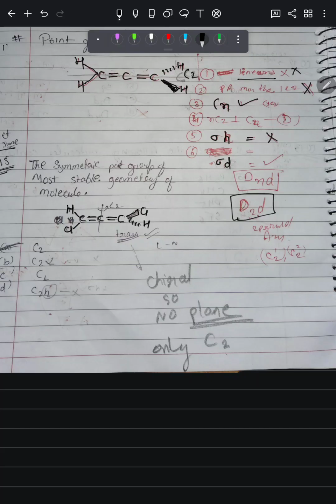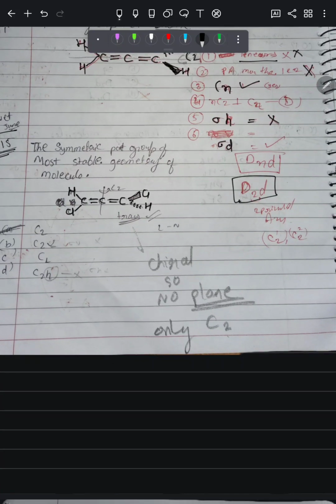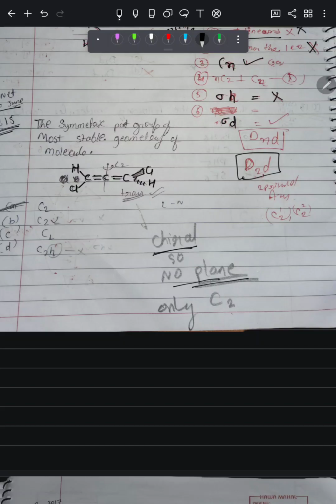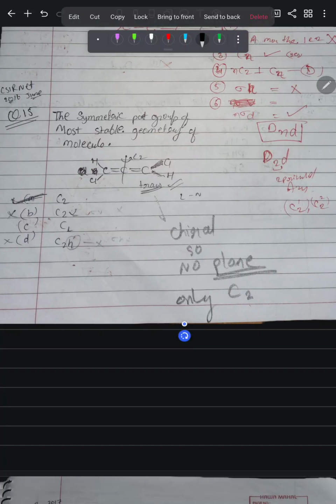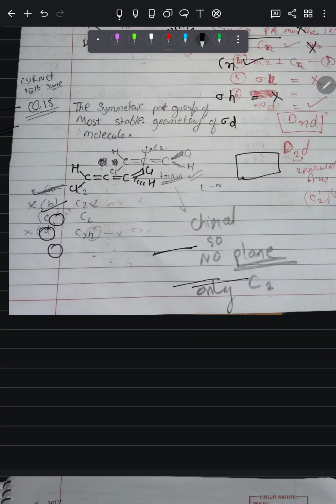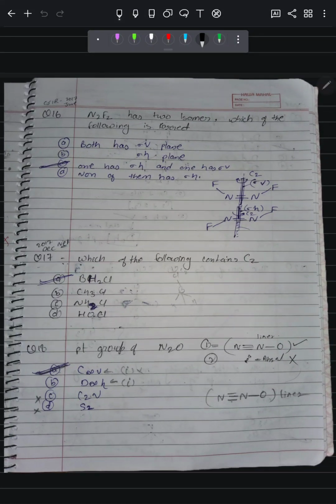So it's a trans structure, which is the most stable structure of these. So it is a chiral molecule, so no plane is present. C1 is not the answer, C2 is present here, so C2 will be the right answer.